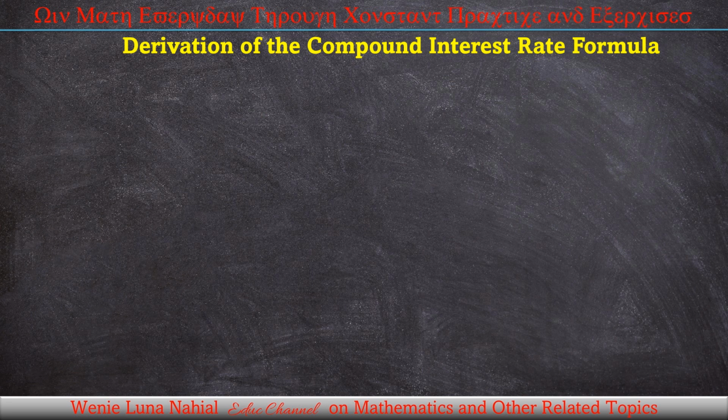Okay, let us have now the derivation of the compound interest rate formula. So we have to use the formula of compound interest, and in this formula, our nominal rate I is replaced by J over M, which is the effective rate or the interest rate per conversion period.